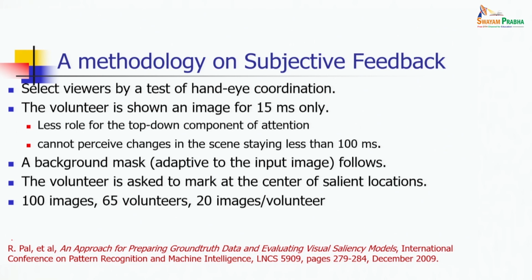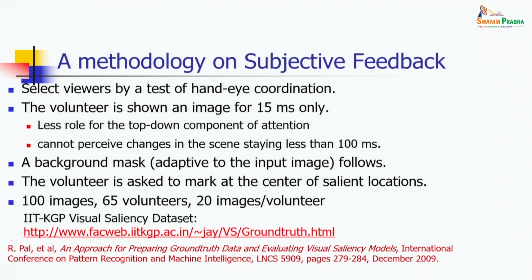In this way we have captured the data, and this data is available on our website. We call it the IIT KGP visual saliency data, and it is available on my website. You can download this data for your experiments.